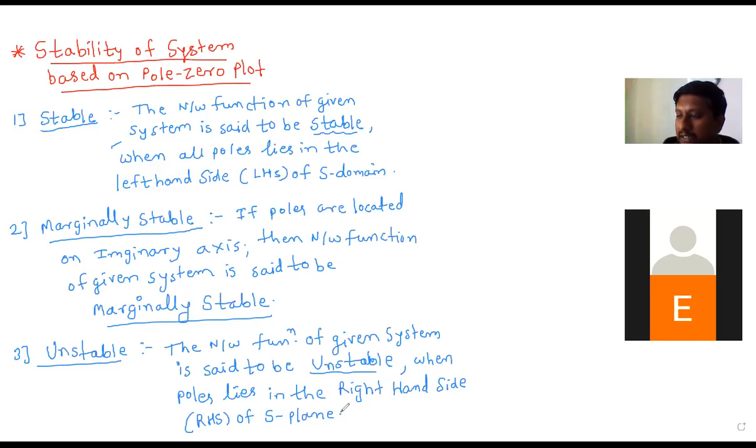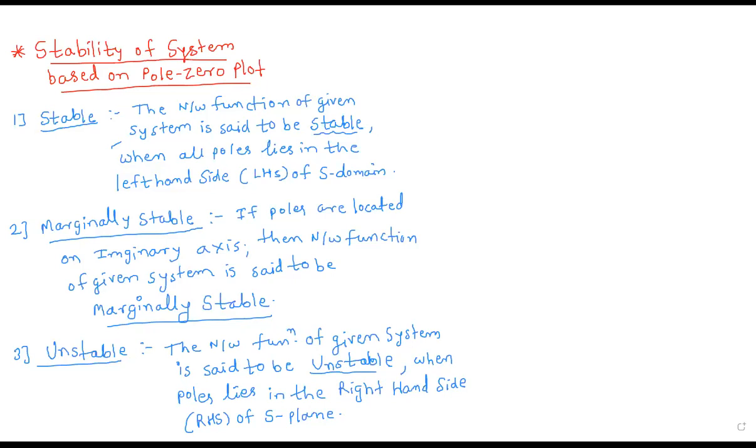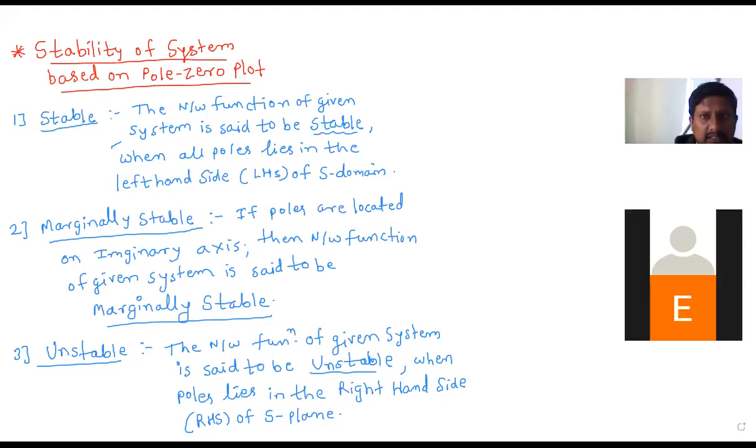Next we can discuss the significance of poles and zeros of the network function. If anyone has any questions related to this point, you can ask. Any questions?